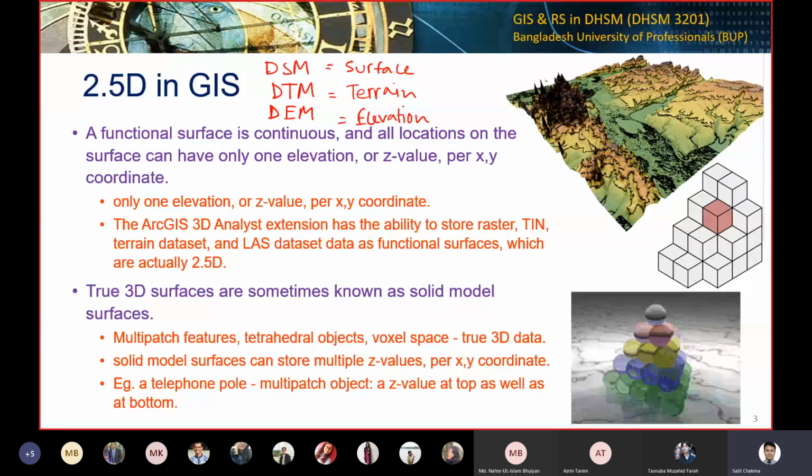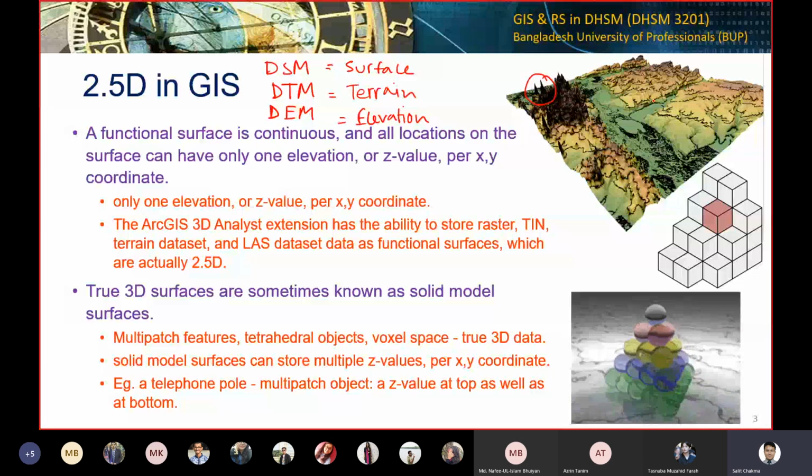For example, if these are trees, then this is a DSM, because the trees are recorded as well. But if these are hills, and on this land they have houses built or trees, but the houses and trees are not recorded, only the ground surface is recorded.